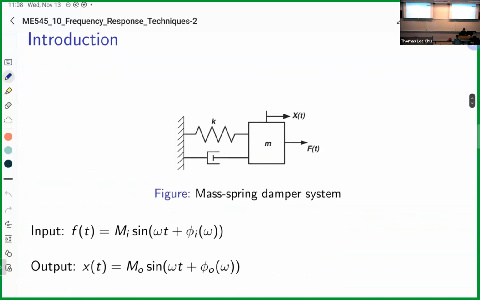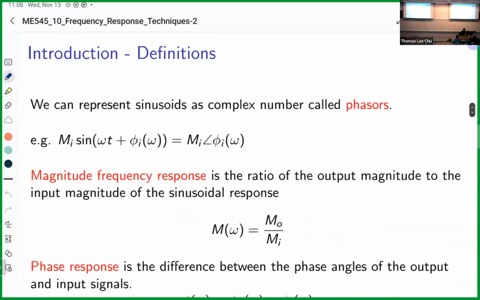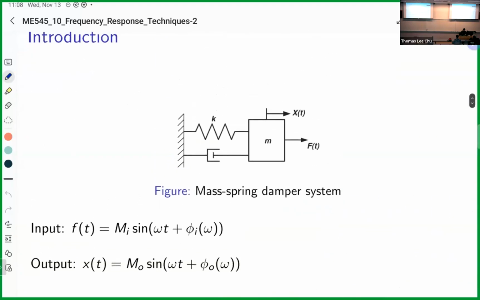So if we look at a standard mass spring damper system, if our input is of magnitude Mi at some frequency, our output's going to be at a magnitude of Mo at the same frequency, but with a phase shift.